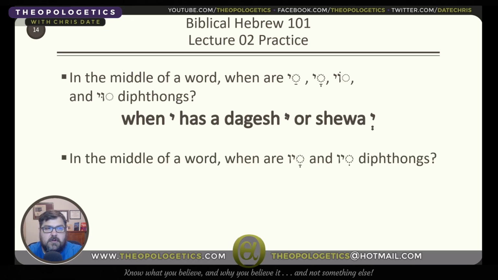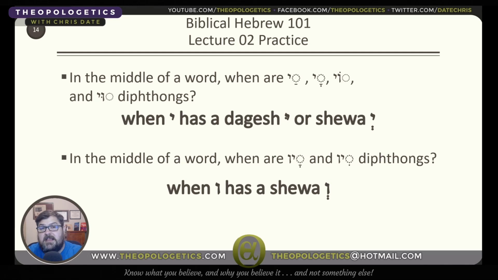Similarly, in the middle of a word, when are the diphthongs av or ow, and ev or ew, when are they diphthongs? Remember, how you pronounce these diphthongs depends on how you've chosen to pronounce your vav. And the answer is similar: when the vav has a shva.